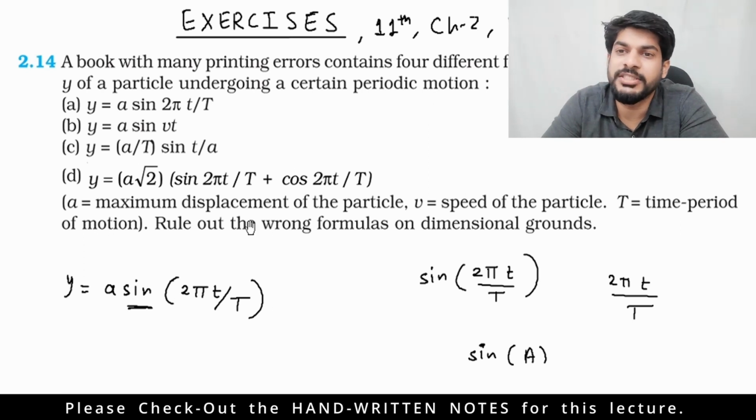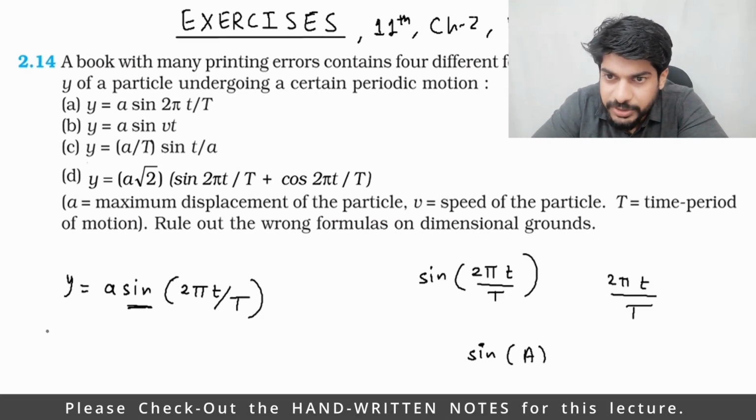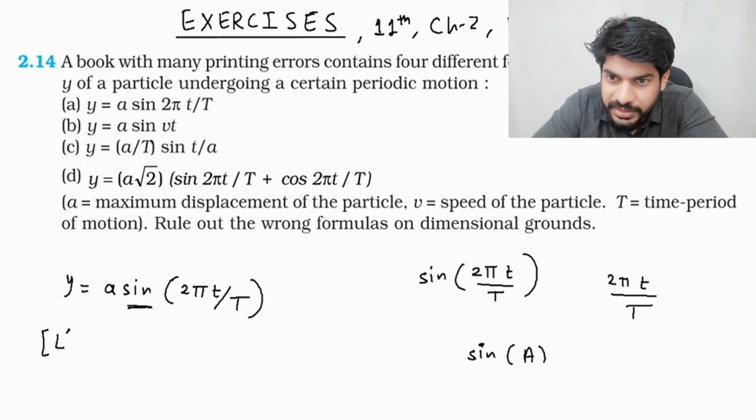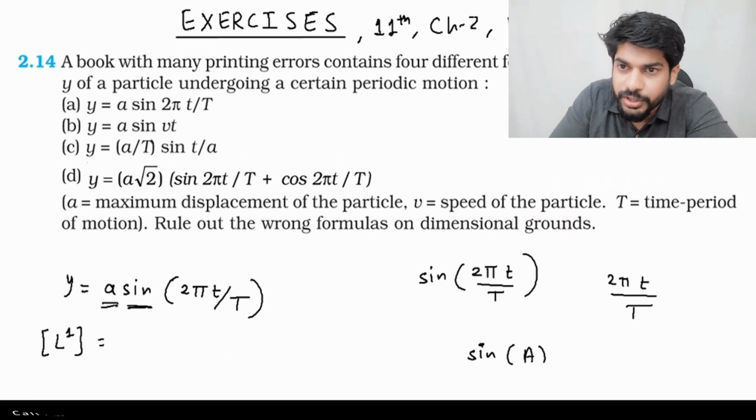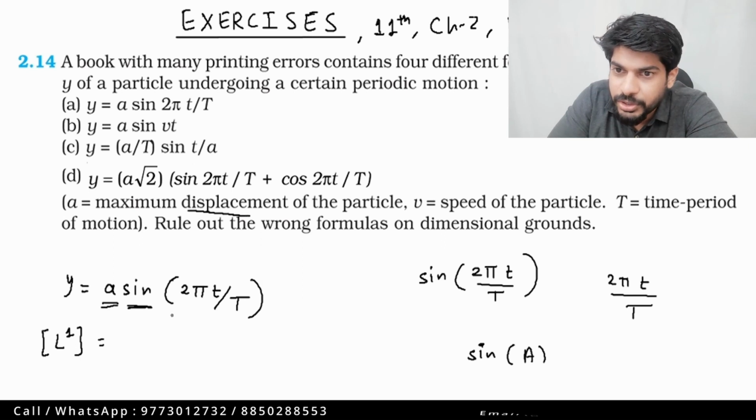So let's see first of all this one here. Over here this is displacement, so on the LHS it is L raised to 1. Here A is what? A is maximum displacement, so it has got dimensions of length.